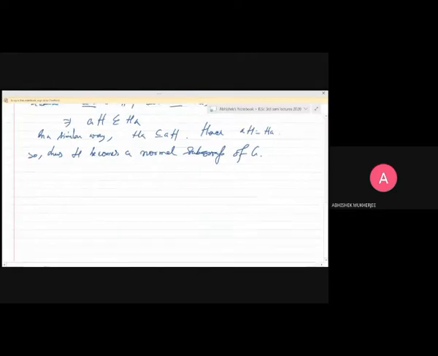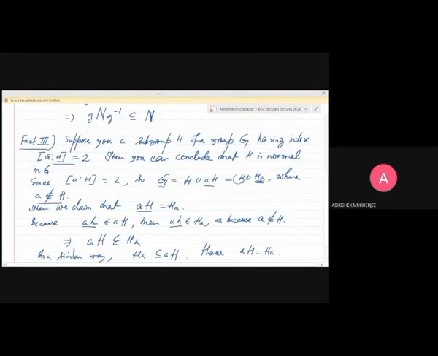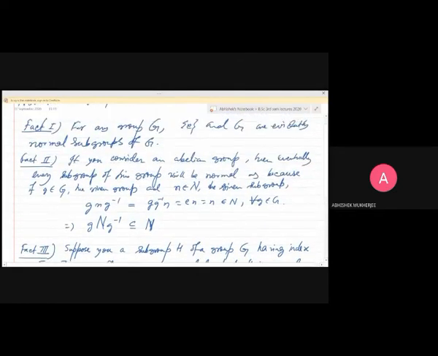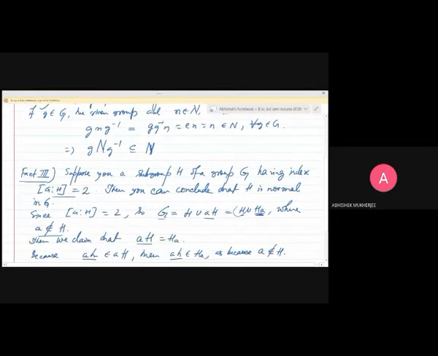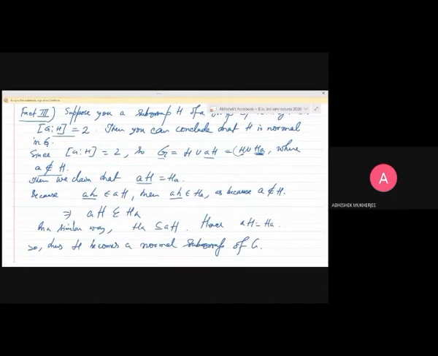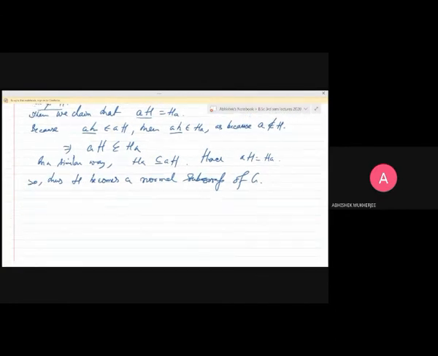Now we have already seen in fact 2 that in an abelian group every subgroup is normal. Now one natural question will arise: does it happen in a non-abelian group?